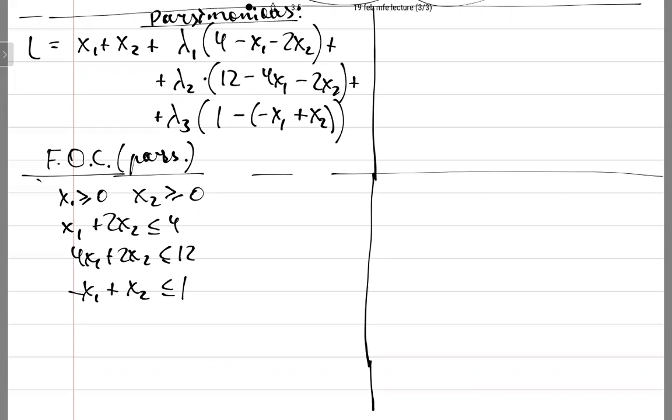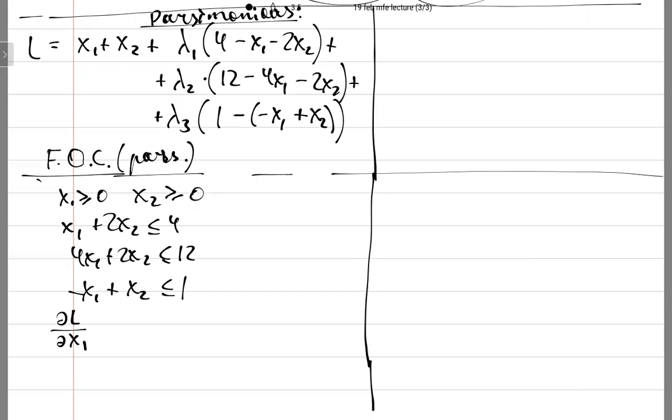The derivative with respect to x1, to x2. Yeah, dL with respect to dx should be zero, positive, negative? Equal to 0? No, we have less or equal than 0. Yeah, you are right that in the full version, the derivative dL/dx1 should be 0.